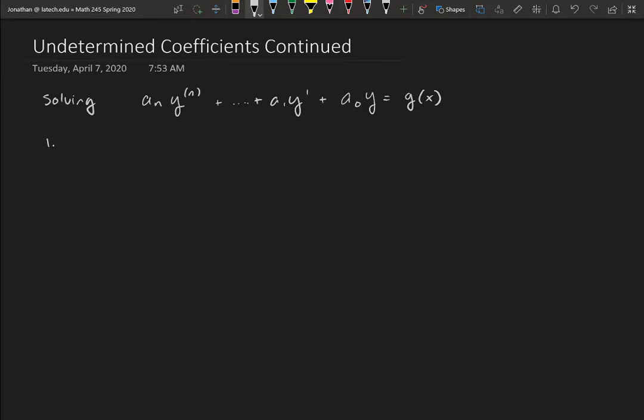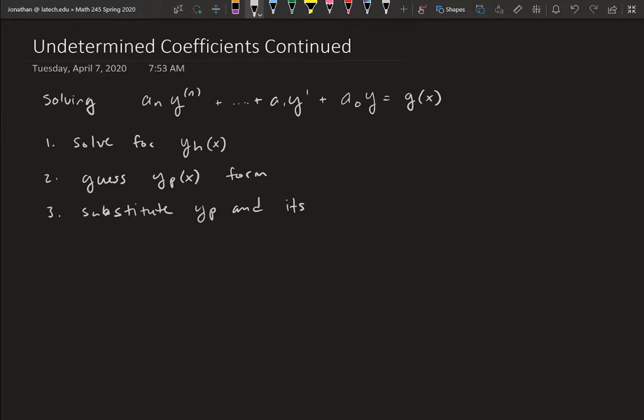We said the first thing we need to do was solve for the homogeneous solution, y sub h of x. Next was to guess the y_p of x form. Then substitute y_p and its derivatives into the left-hand side of the non-homogeneous equation.